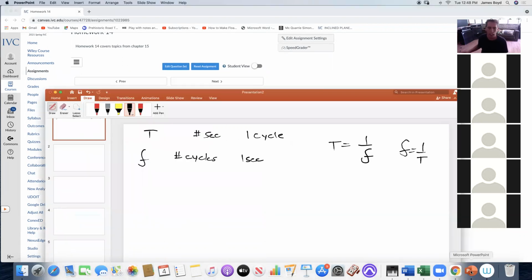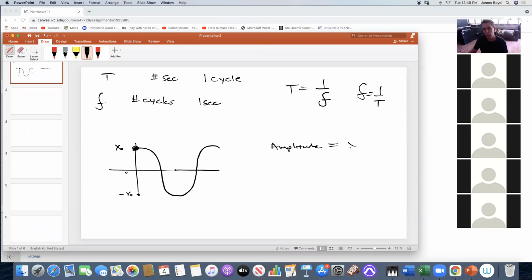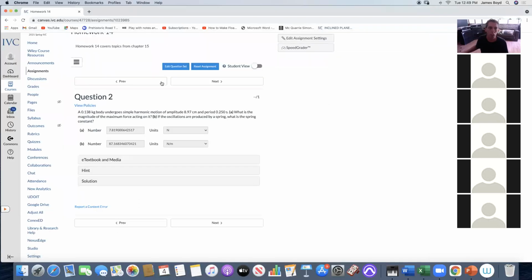The reason why we say that is if we have our cosine function and it starts at x naught, and this is 0 and this is negative x naught, and it goes like that and comes back up, right? So if it starts here, when they say amplitude, they mean x naught. It's whatever the x max is, and we're going to go over that more next week. But for now, just read that amplitude as x naught, and it gives you the period.